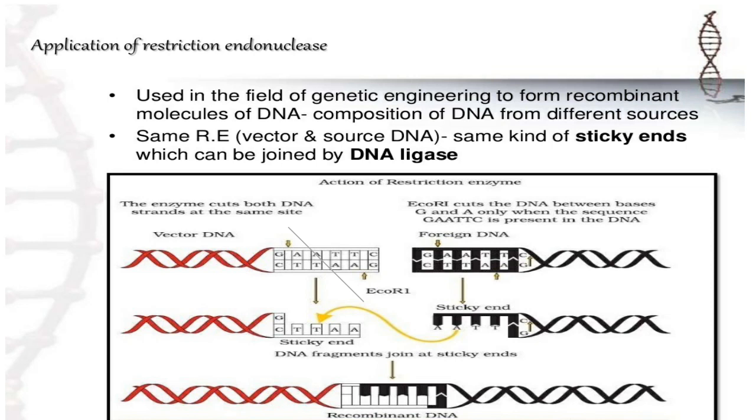EcoRI cuts the DNA between bases G and A only when the sequence GAATTC is present in the DNA, and that forms the sticky ends. Then the sticky ends join together and form the recombinant DNA.